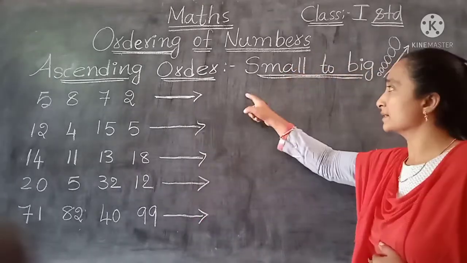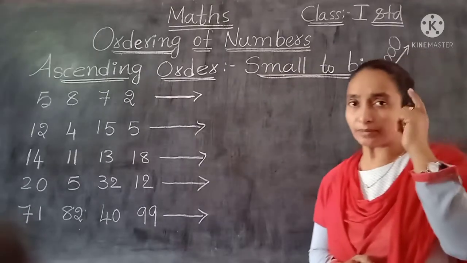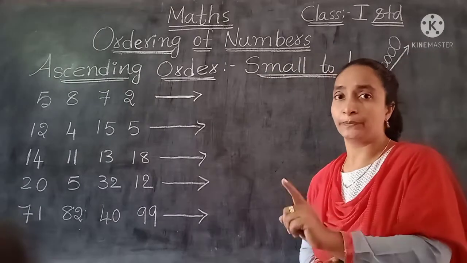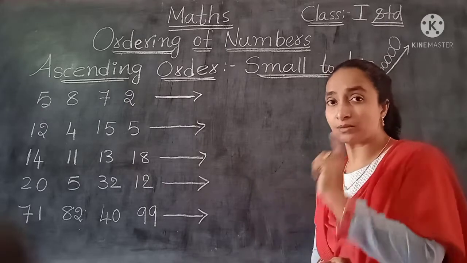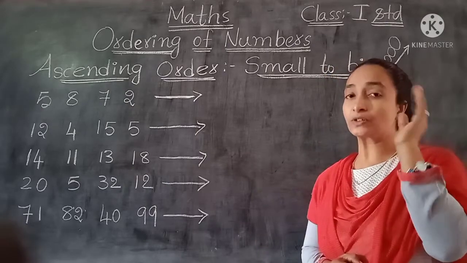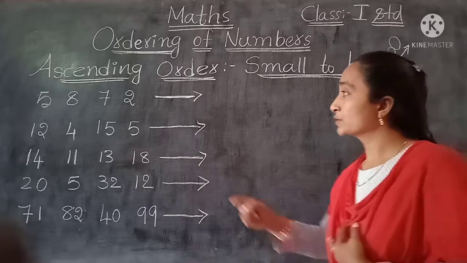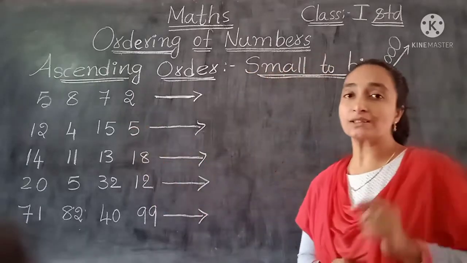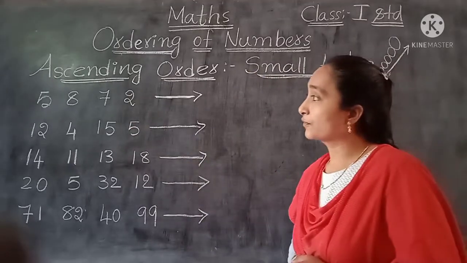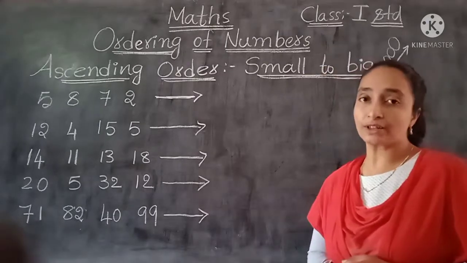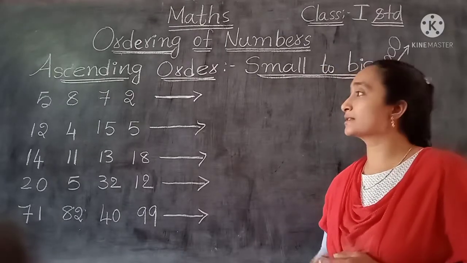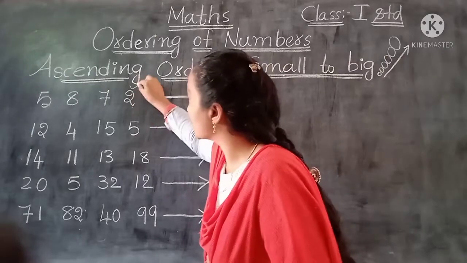You can write there, ascending order: small to big, then you can remember that this order is small to big. Remember children, only small numbers we have to take. From all these, which is the small one? 5, 8, 7, 2. Yes, 2 is the small one. So this number we have to take.